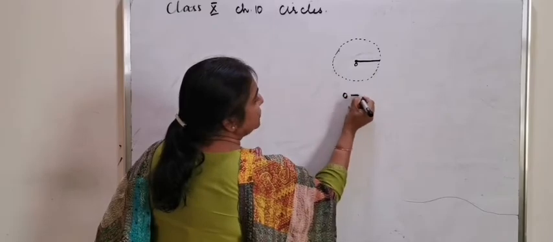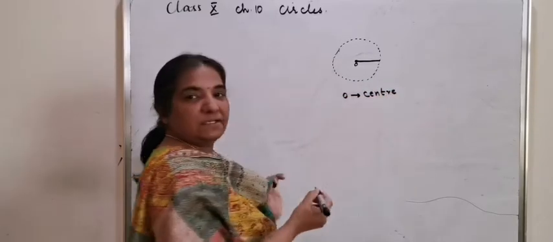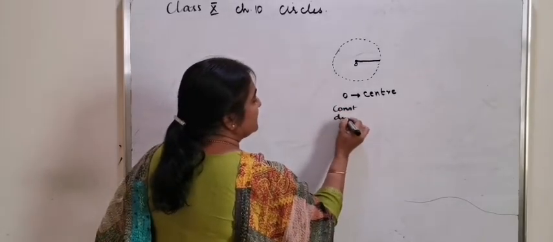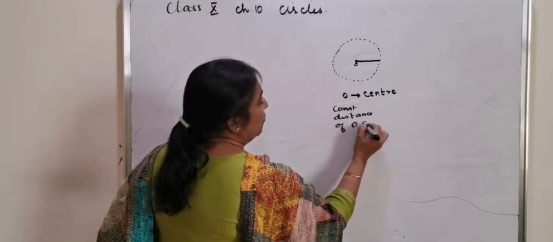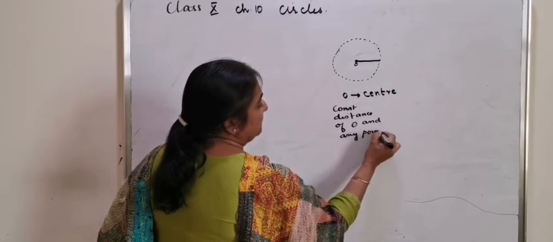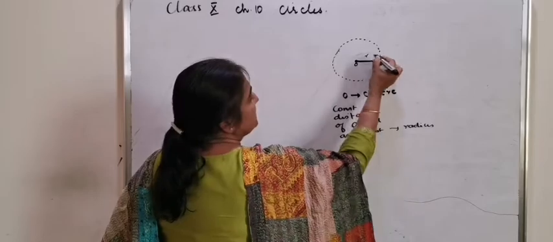The fixed point O we call the center of the circle, and the constant distance of O and any point, we call it the radius of the circle.